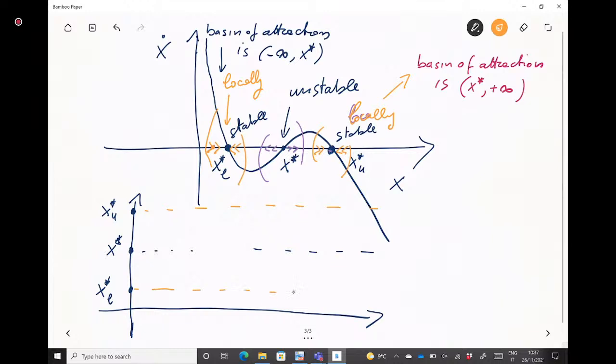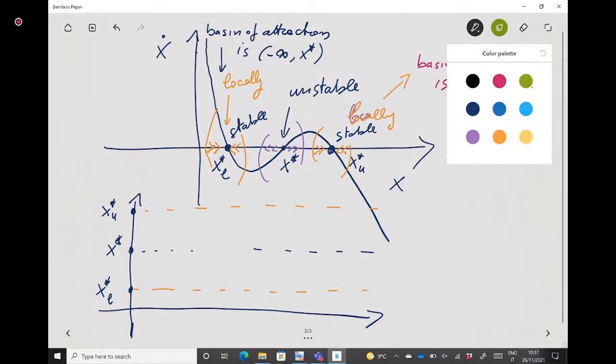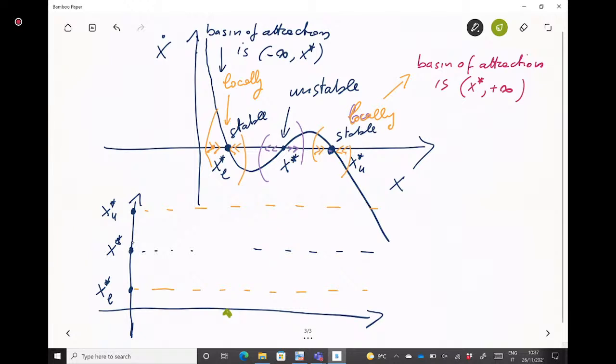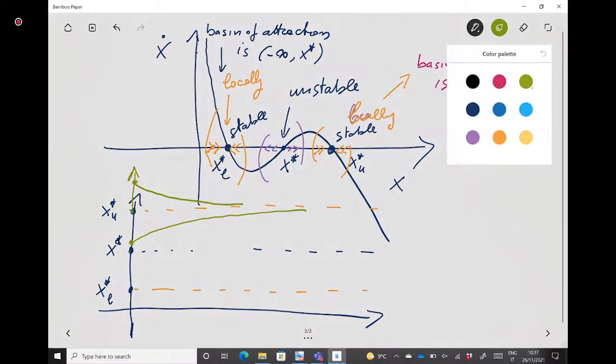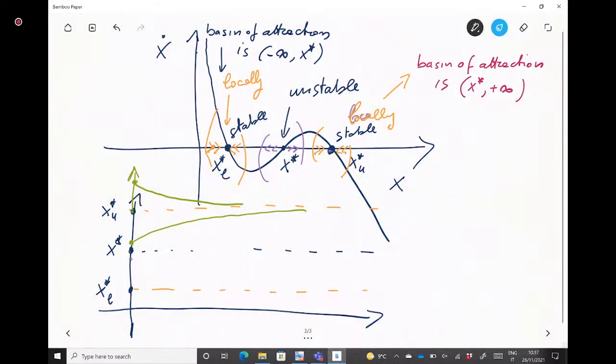So if we start on the right, above x star, we will have a qualitative behavior like this. But also if we start here, for instance. But if we start below x star, we will have a qualitative behavior like this.